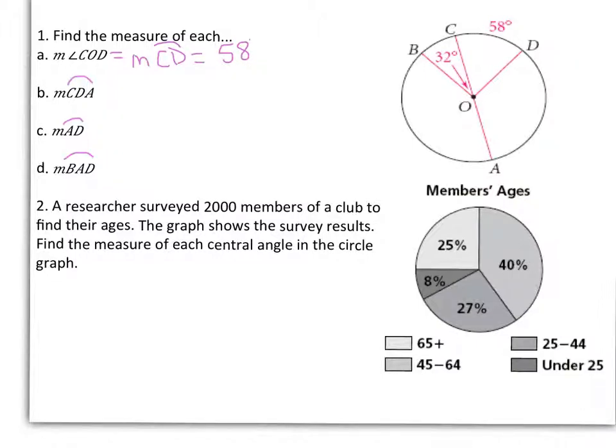The measure of arc CDA. Well, CDA is a semicircle. It's half my circle. Remember, a circle is 360 degrees, so a semicircle is 180 degrees.